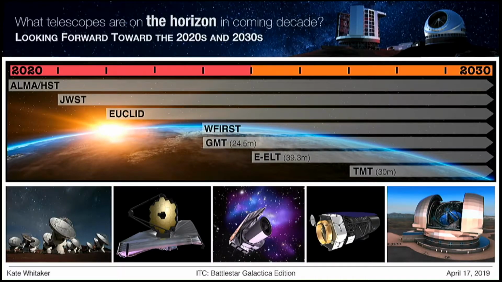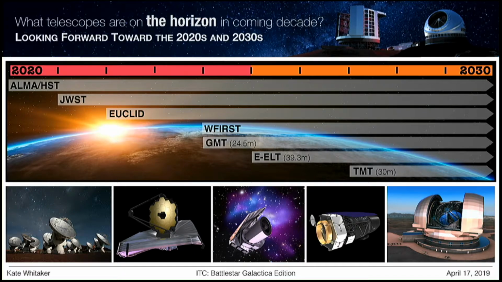So in this timeline, what's our wish list? What do we hope for in the future? So first you'll notice that I have HST living forever, as well as ALMA. Maybe it's slightly optimistic. If we look into the 2020s and into the 2030s, we have a lot of exciting technology that's coming, hopefully. Certainly, we're all hopeful that JWST will be launching soon.